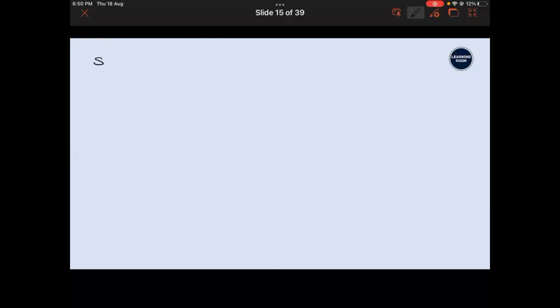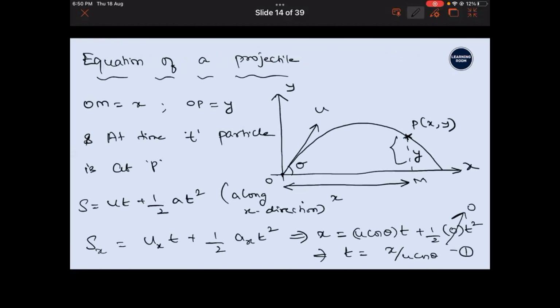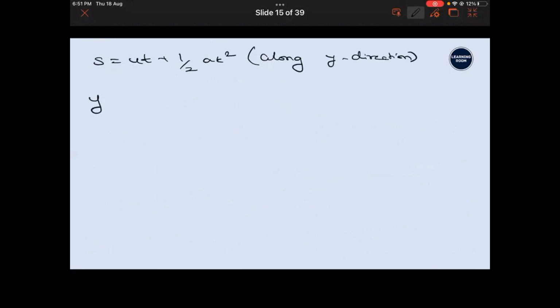Similarly, if I apply s is equal to ut plus half at square along the y direction, then what will I get? Displacement of the particle along y is y. y is equal to, what is the initial velocity of the particle along y direction? u sin theta into t plus half into acceleration along y direction, which is minus g, into t square.